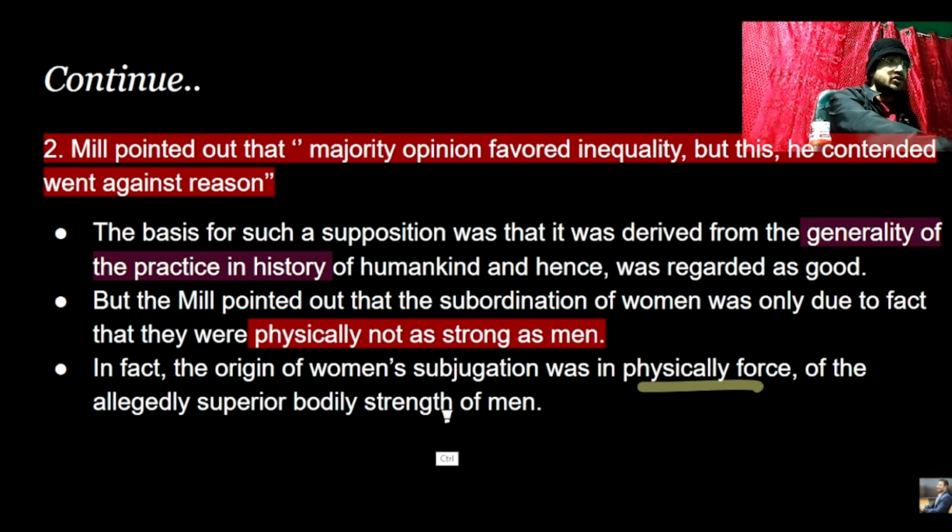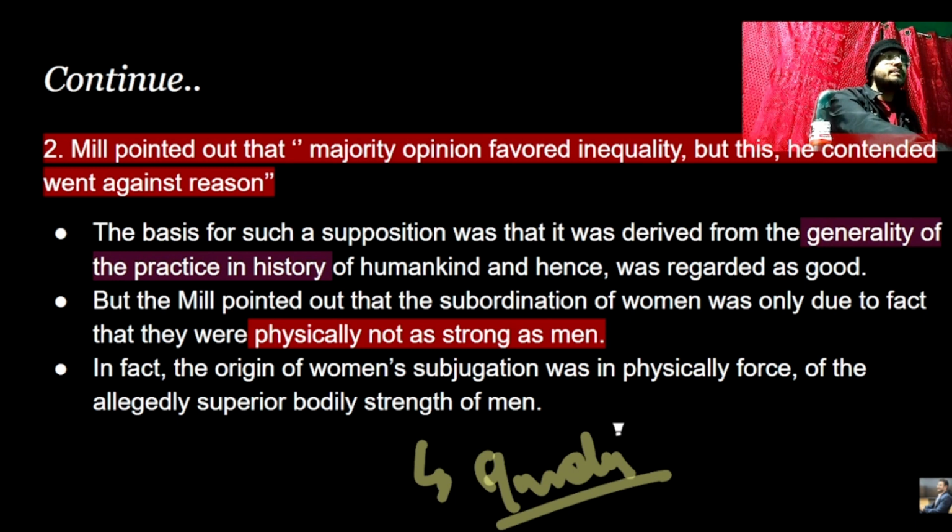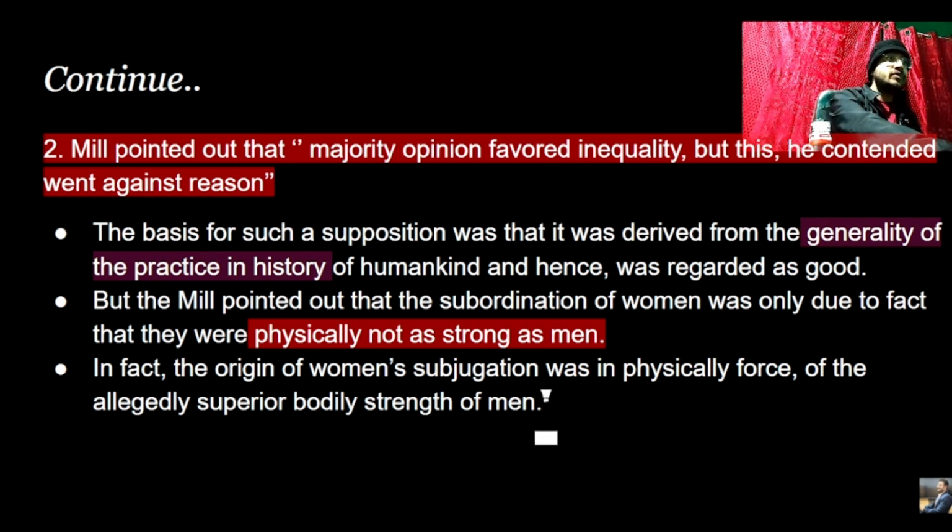As I have already told you, I have given the analogy of hunters and gatherers, right? So basically he is saying that whatever basis of gender inequality is being based on the strength, or physical strength, of men and women, right?